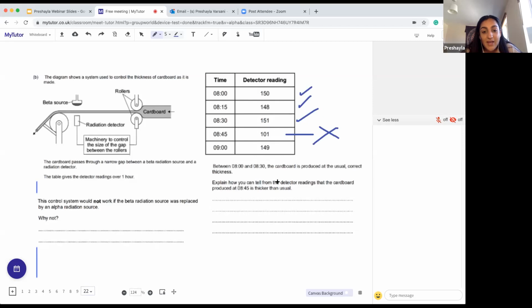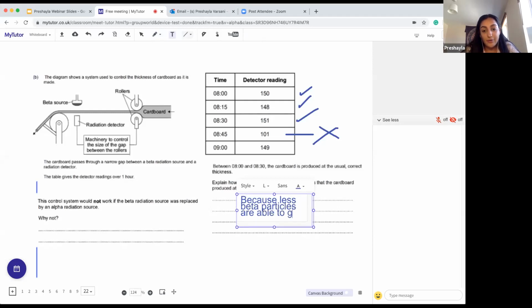So explain how you can tell from the detector that the cardboard is thicker than usual. Well, we can tell that the cardboard is thicker than usual because less beta particles are able to get through the cardboard, and therefore the cardboard must be absorbing the particles.